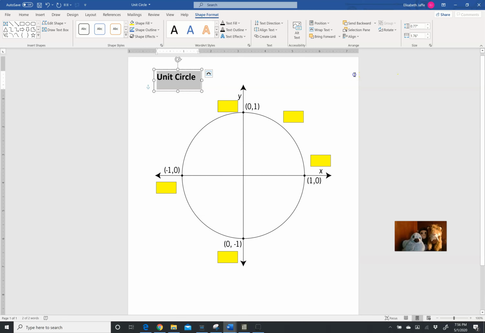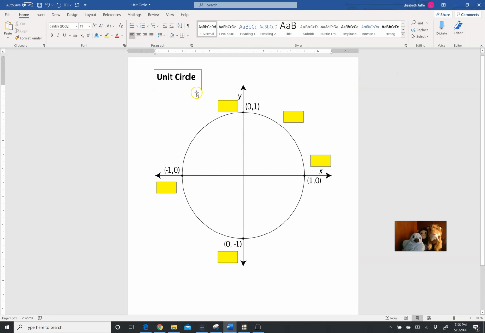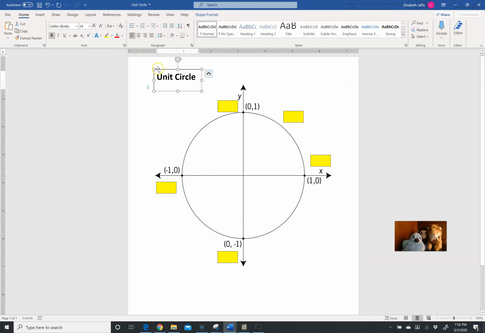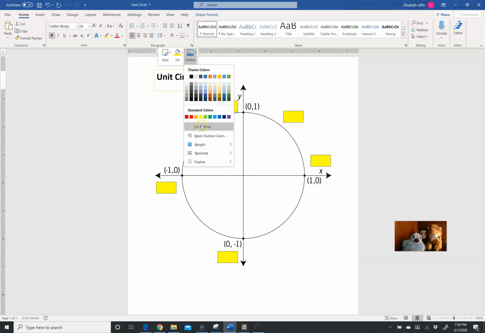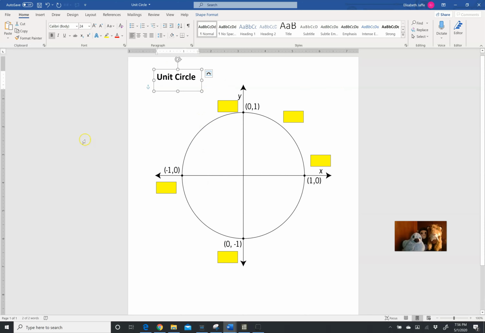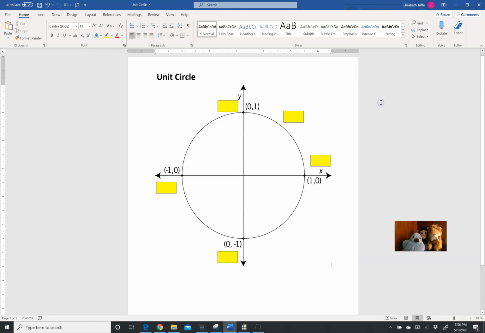Okay, our radius is 1, and our center is at 0, 0.